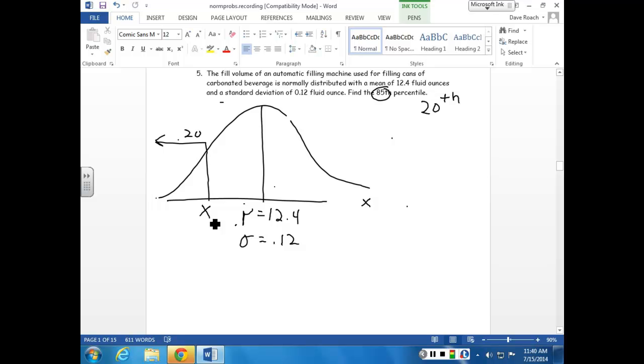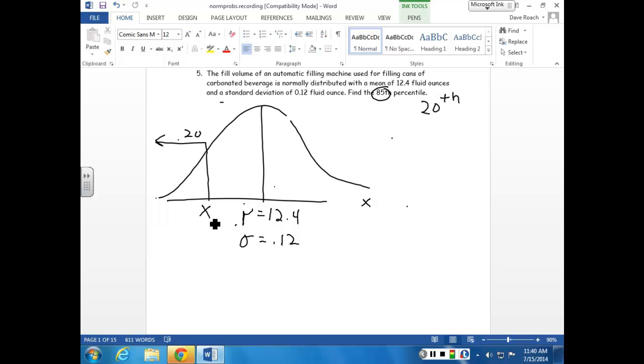It's below the mean, so whatever we do, we're going to take 12.4 minus some number of standard deviations. Here is the thing, if it isn't tricky: you don't look up 0.2.